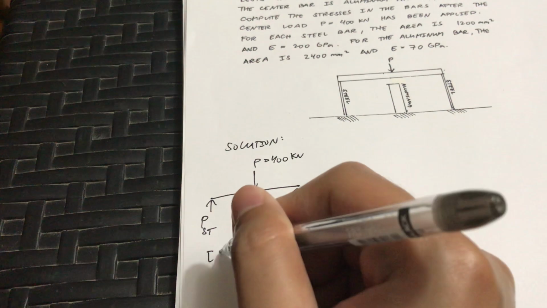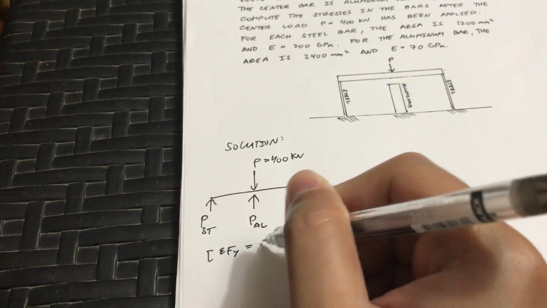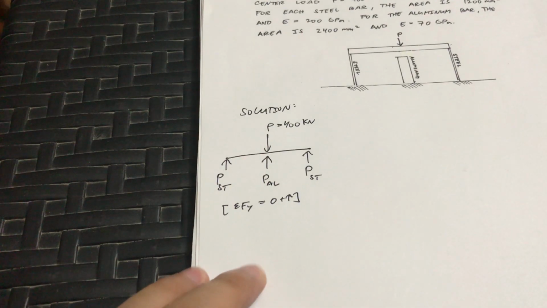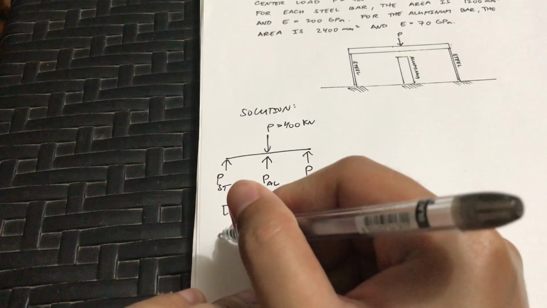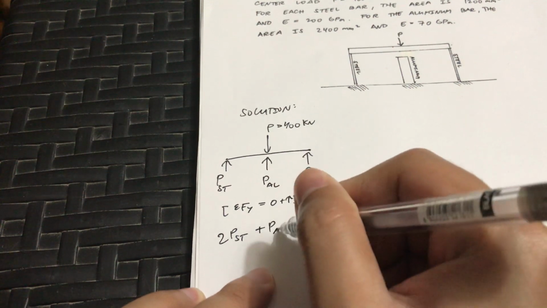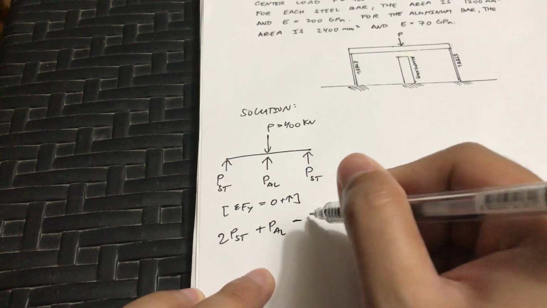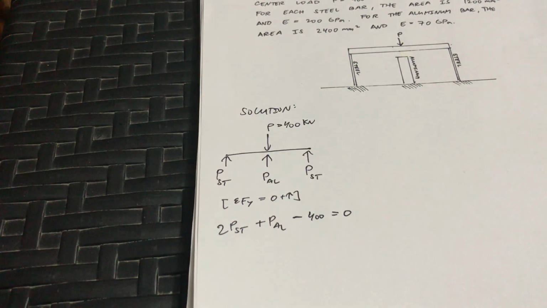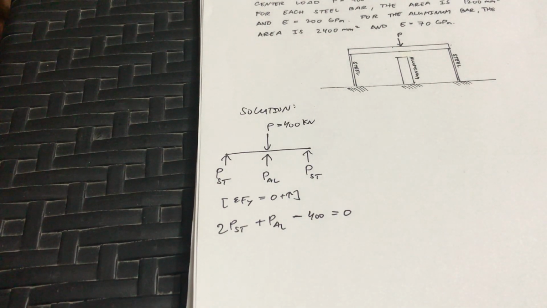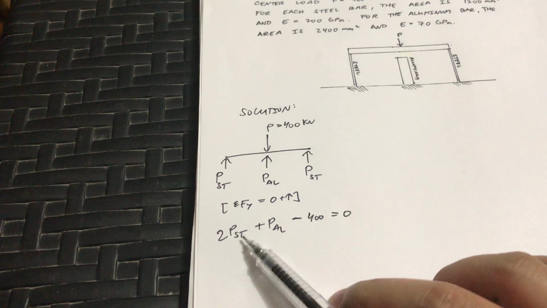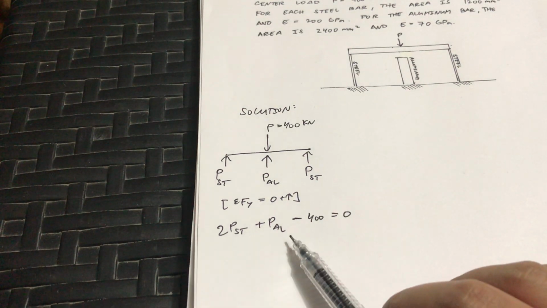So summing up forces along the Y or the vertical, assuming going up is positive, we would get 2 times the steel plus the aluminum minus 400 kN is equal to 0. Now, if you notice, you have two unknowns. We do not have the steel, we don't have the aluminum.